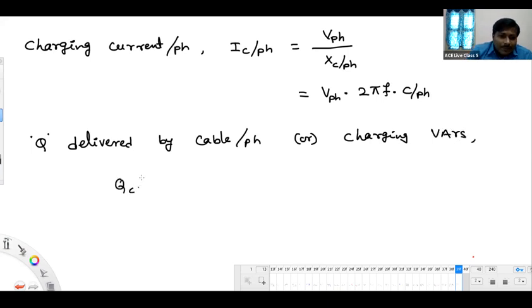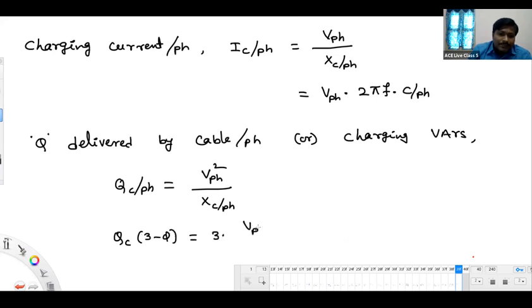So it is QC per phase. What is the formula for QC per phase? Phase voltage square by XC per phase. And the QC for 3 phase will be 3 into phase voltage square by XC per phase. Like this you can see, charging VARs.